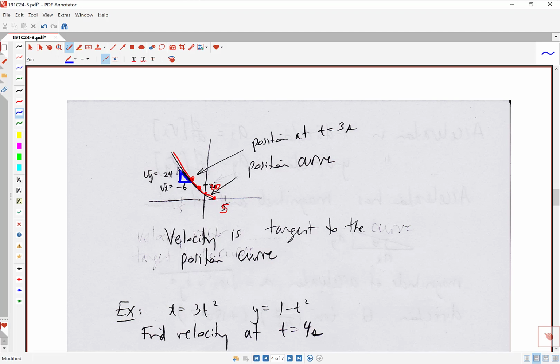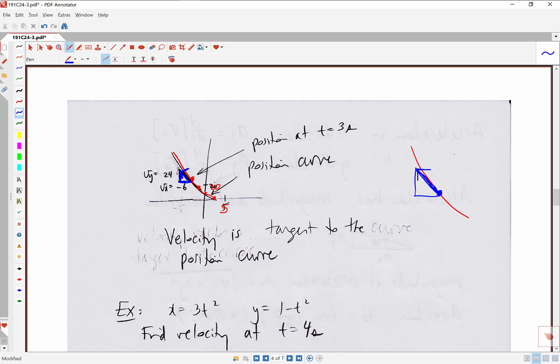And you could say the hypotenuse of that triangle, if you think of it as a vector, is our velocity vector. So let's zoom in on that and draw a bigger version of that. Okay, so position curve, which may or may not be a straight line. This is the point t equal 3, so that's our position at t equal 3. We draw our horizontal and vertical velocities at that time, and then zooming in on this hypotenuse, we can think of that as a velocity vector.